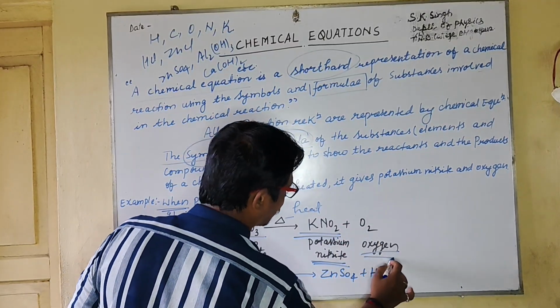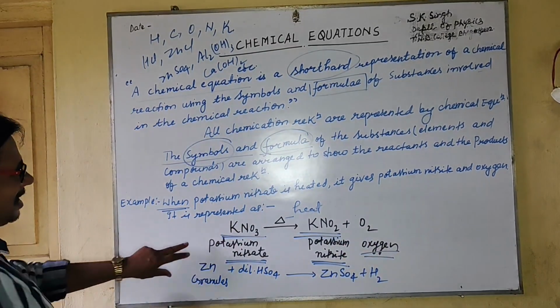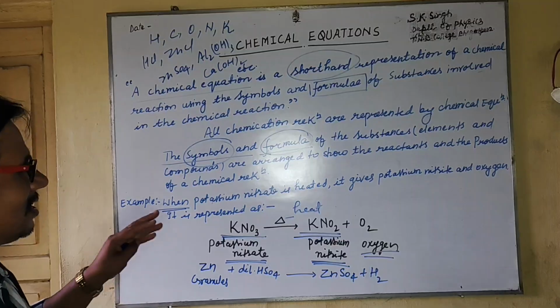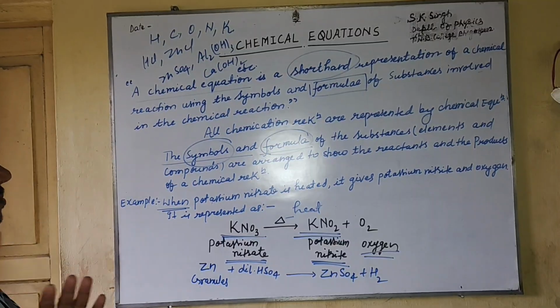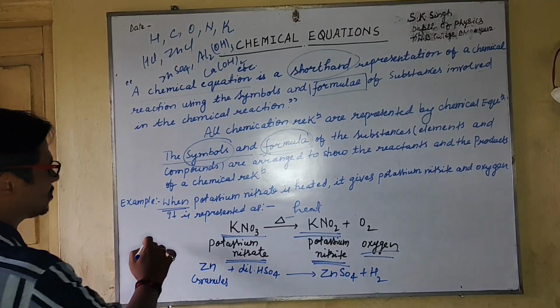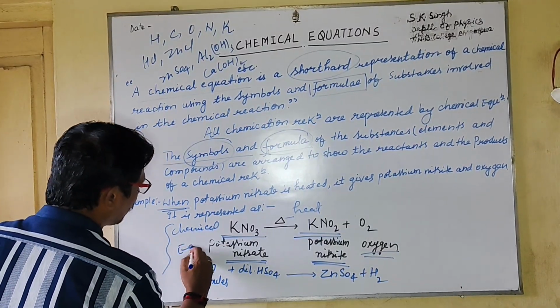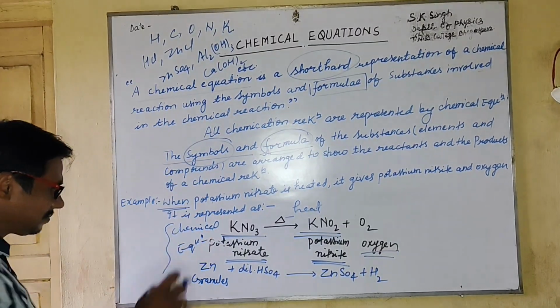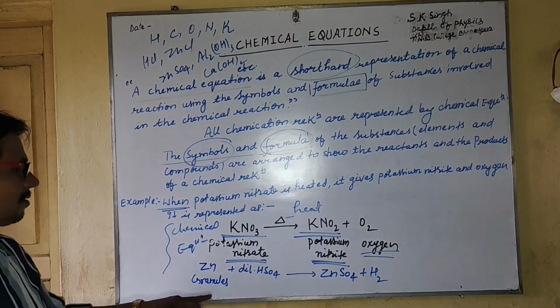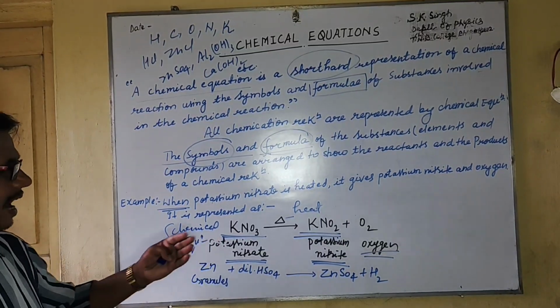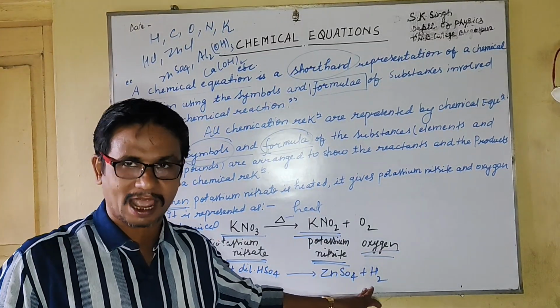This is the oxygen also. So the reactant is potassium nitrate, and when heated, it gives the products potassium nitrite and oxygen. This is represented by the chemical equation. Next example: zinc granules plus dilute H2SO4 gives zinc sulfate plus hydrogen gas.